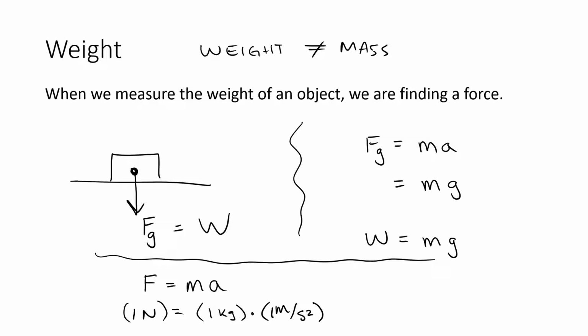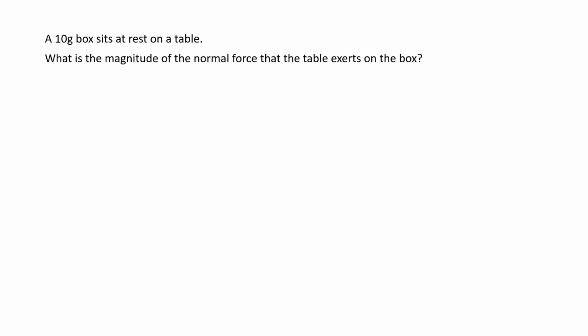So we should have everything for this next example. It's starting out easy. A 10-gram box sits at rest on a table. What is the magnitude of the normal force acting on this box?